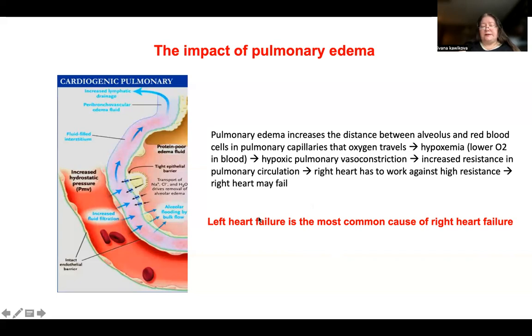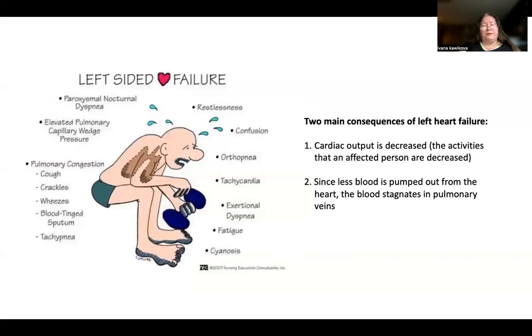So how does it present? You had the picture here. So the person is sitting, right? He's trying to gasp some air from the top of the lungs, while a big part of the lungs, the lower part of the lungs, are filled with edema. So it is much more difficult for the oxygen to travel to the pulmonary capillaries.